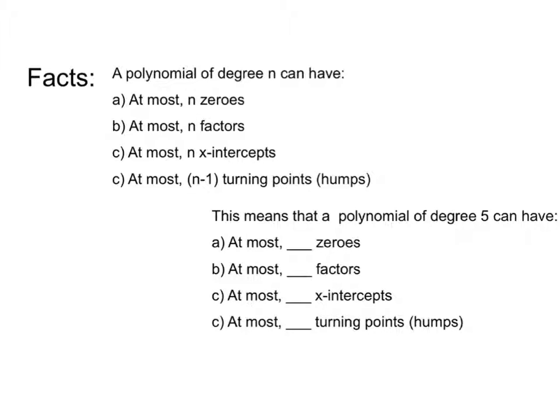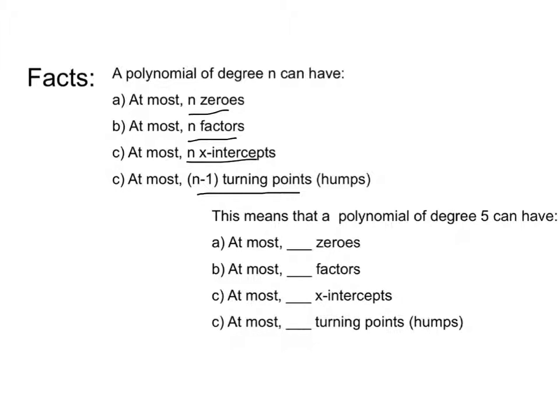Okay, so here's a recap, and you need to have this in your notes. A polynomial of degree n, any degree n, can have at most n zeros, n factors, each factor corresponds to a 0, n x-intercepts, and it will have at most one less than its degree in turning points.